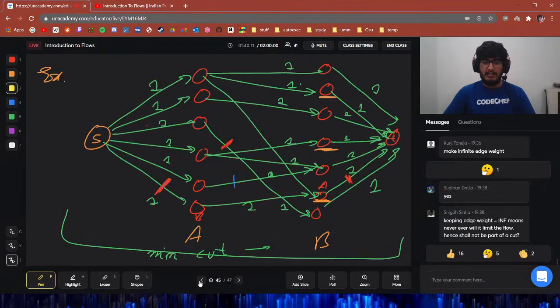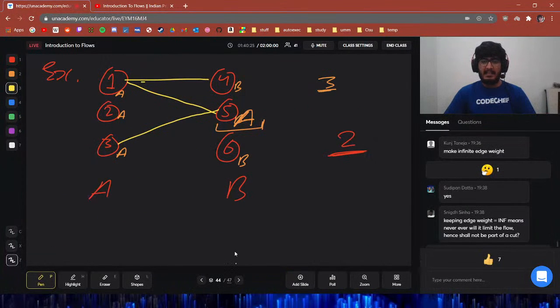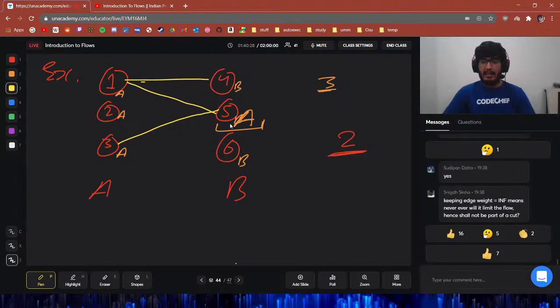Let us model this question a little differently. So instead of finding minimum penalties, we're trying to find the minimum number of angry people. And what do I mean by angry people? Basically, here this person is selecting A. In this part, this person is angry, so we have one angry person here, which is 5.